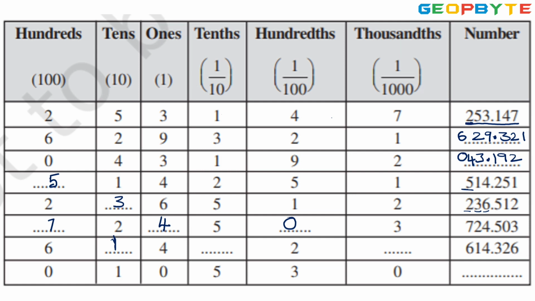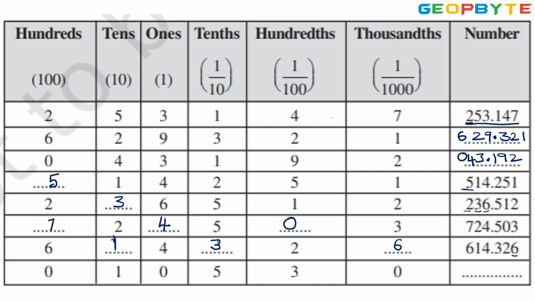So 3, 2, and we are having 6. 6 is at which position? 1000th position. So 6. So we can say 614.326.